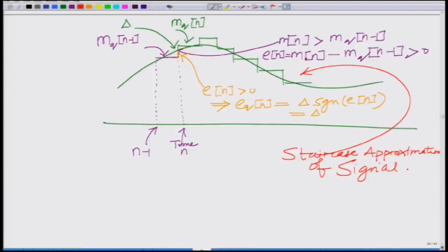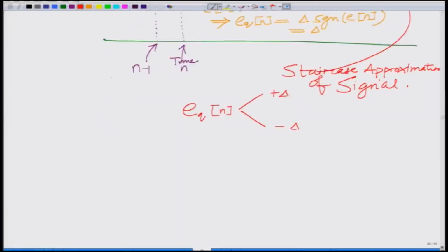Now you can see what is being quantized: only the error is being quantized, in only one bit. EQ of n is either plus delta or minus delta, so the difference is encoded using one bit.